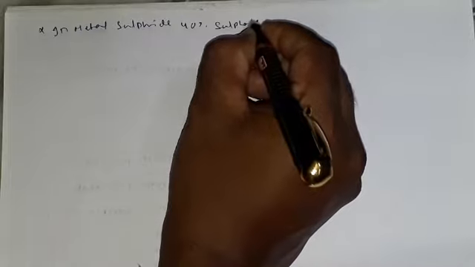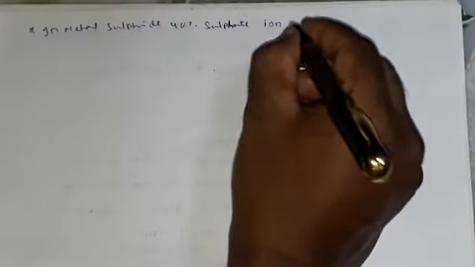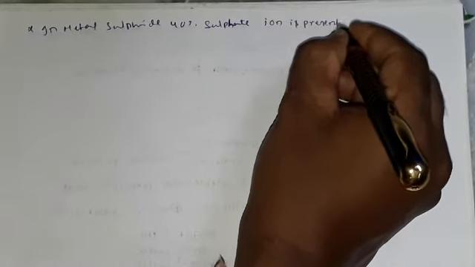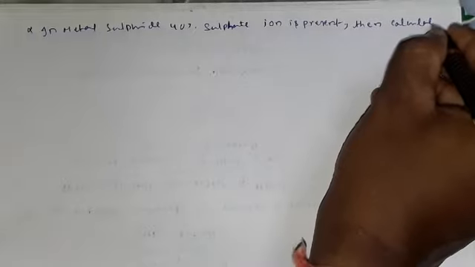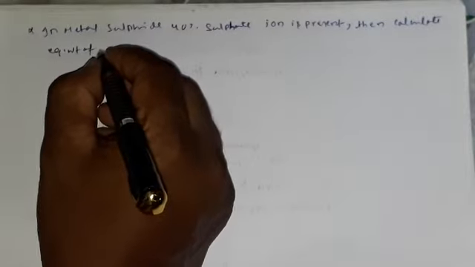Now I think you got the idea about this. Next question is, in metal sulfate 40% sulfate ion is present, then calculate the equivalent weight of metal.